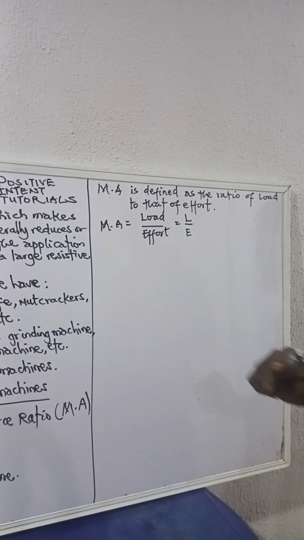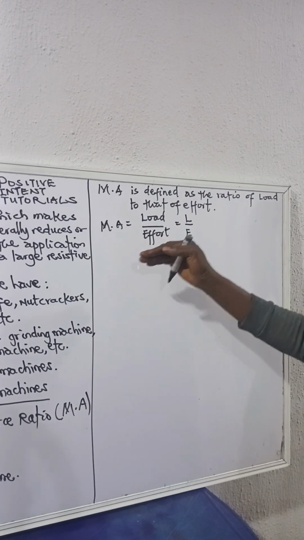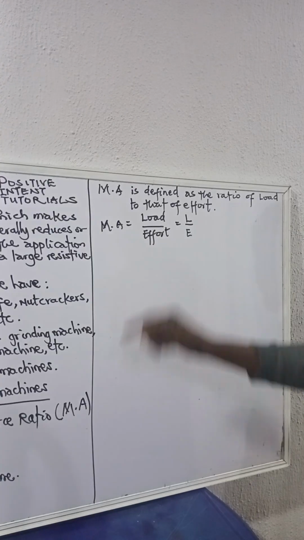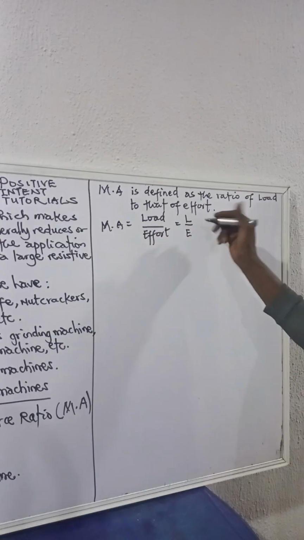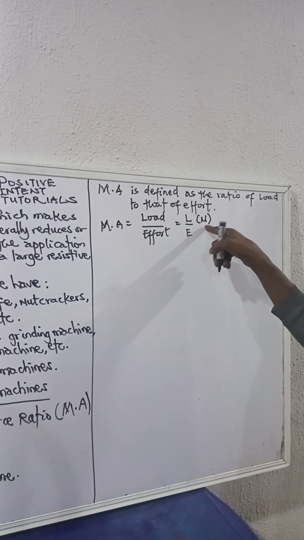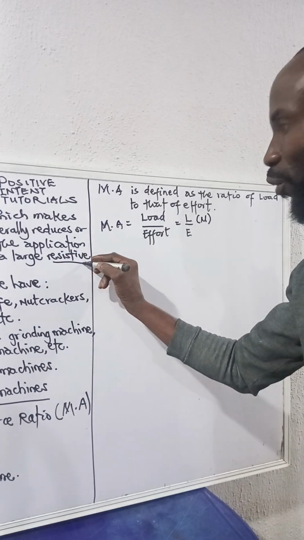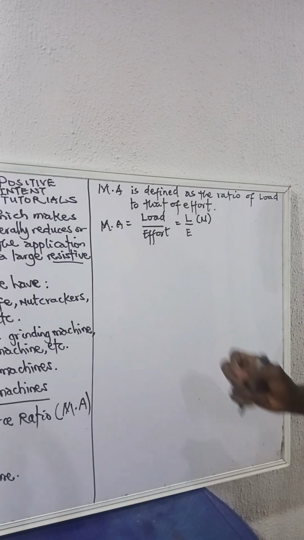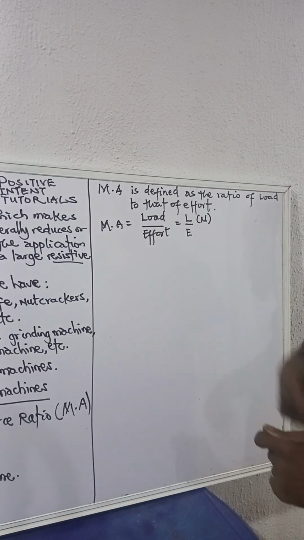So this is the mathematical relation for mechanical advantage. And why is it being referred to as force ratio? It is being referred to as force ratio because load is measured in Newton. It's a kind of force. What type of force? Resistive force or resisting force, which is the one which we are trying to overpower, which we are trying to overcome.